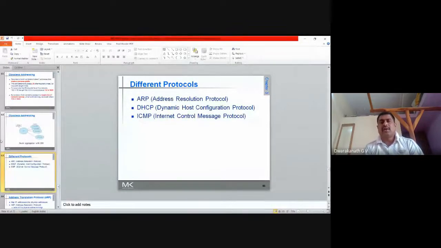What are they? ARP, the address resolution protocol, and DHCP, the dynamic host configuration protocol, which assigns dynamic IP addresses in a network, as our college is using now. Then ICMP, Internet Control Message Protocol. These are the sub protocols used by the IP protocol. Now we will see how these protocols work one by one.